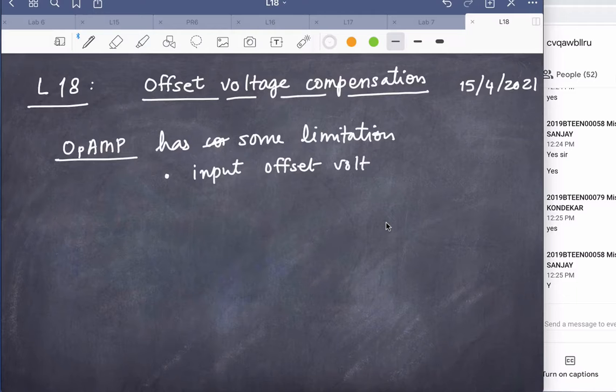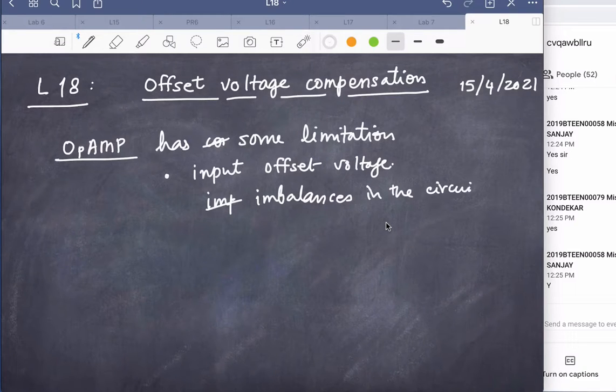Input offset voltage. Okay. Now this input offset voltage is part of the operational amplifier. It is because of the various imbalances in the circuit. Actually, the circuit has two paths. One is for non-inverting signal and the other one is inverting signal.